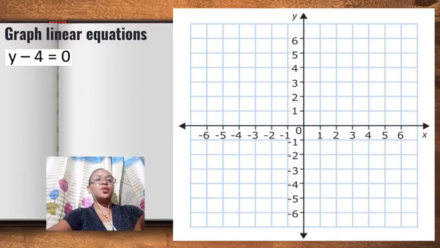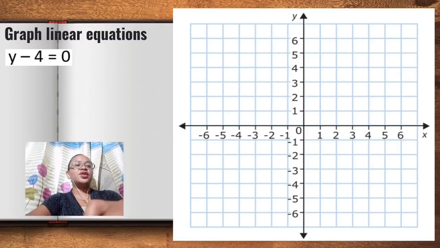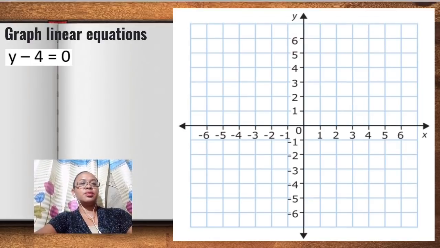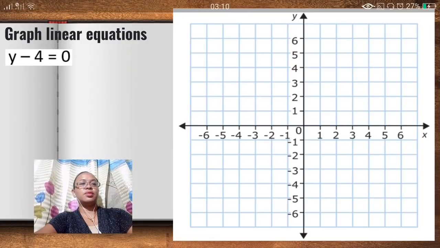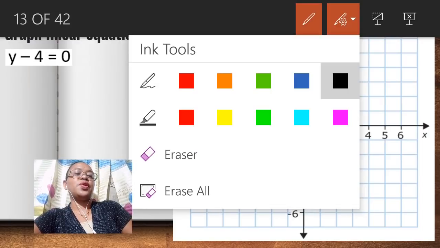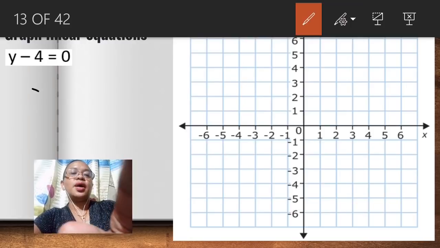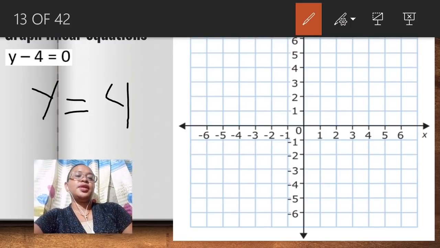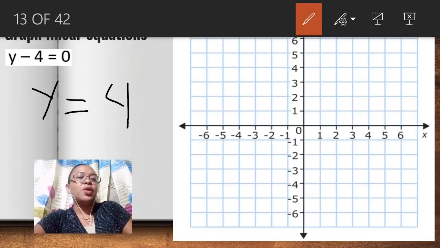So when you plot y equals 4, we will be looking for where is that part where y is equal to 4.